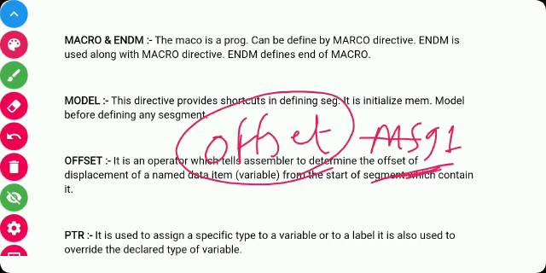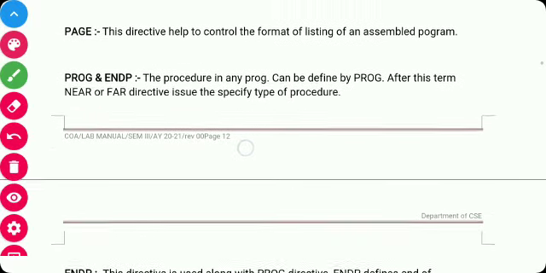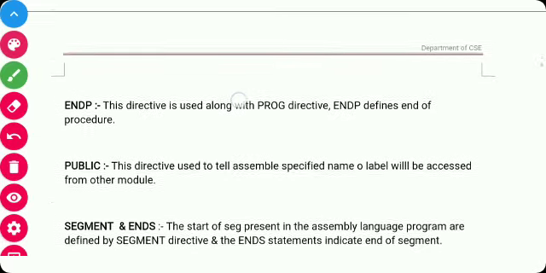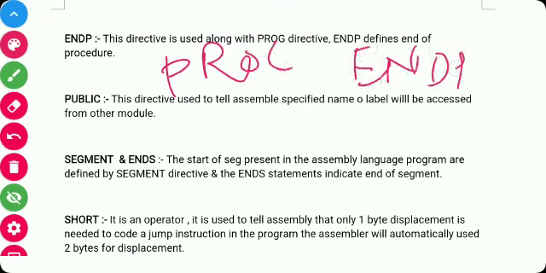Then PTR, which is used to assign a specific type to a variable or a label. Then PROC and ENDP. These are used to define a procedure and to end that procedure. As we have seen, there are two types of procedure, near procedure and far procedure.